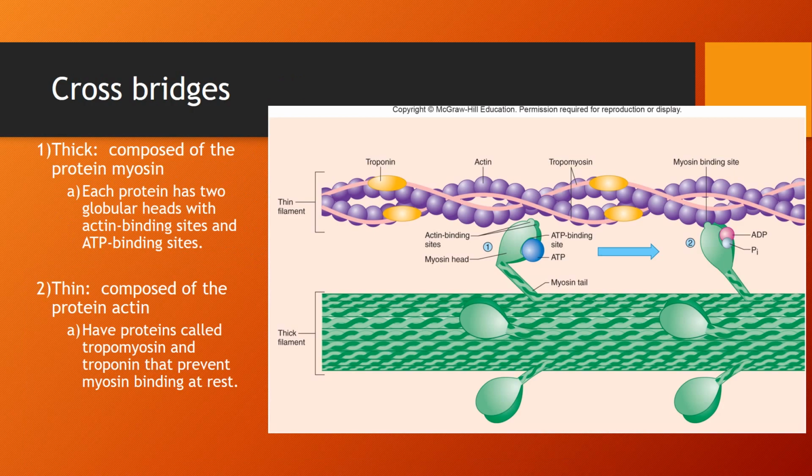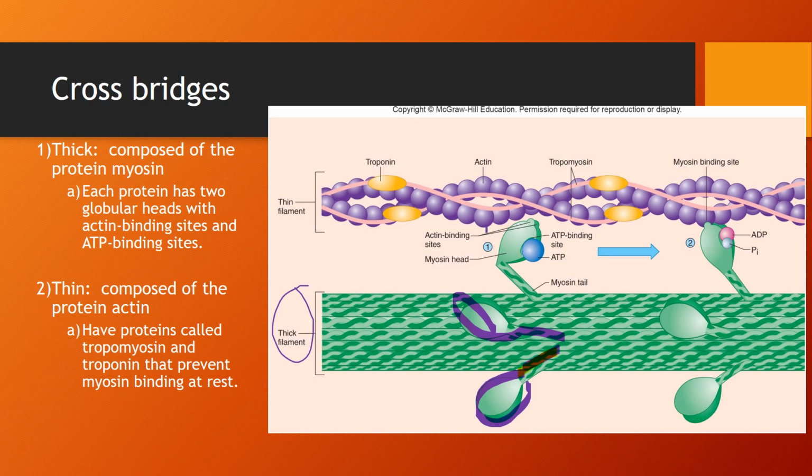All right, so a little bit more on the myofilaments, and let's begin by looking at the thick filament. Thick filament is produced mostly by myosin, and myosin has the appearance of having these globular heads, really similar to golf clubs. There are 2 different binding sites found on these myosin heads.